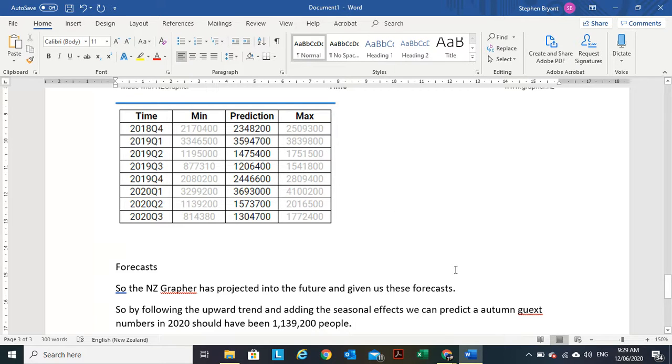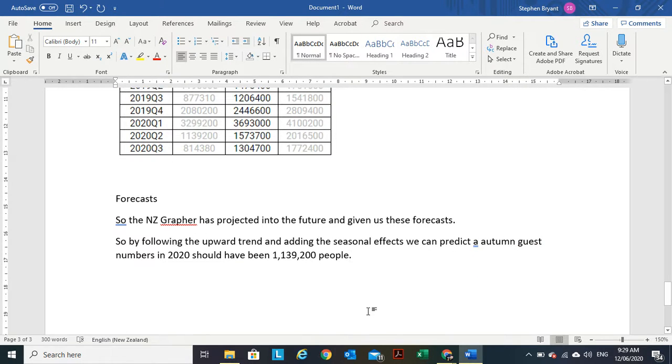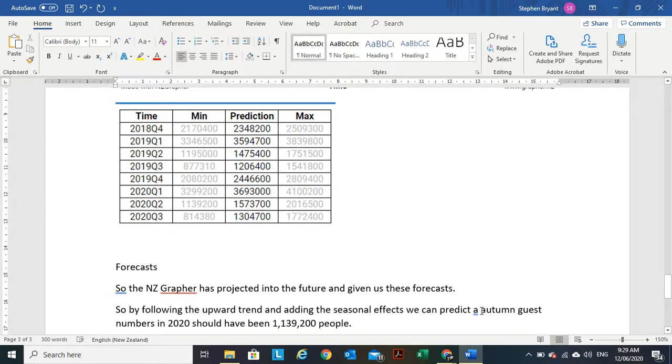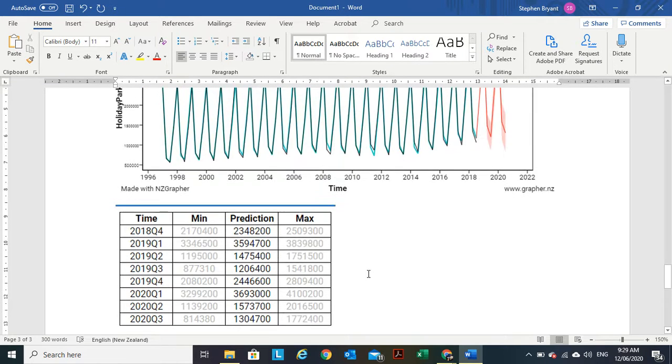Okay, that's the number of people that should have been using holiday parks around New Zealand. Okay, so I will try my best in a moment to see what the actual number was for holiday parks during autumn.